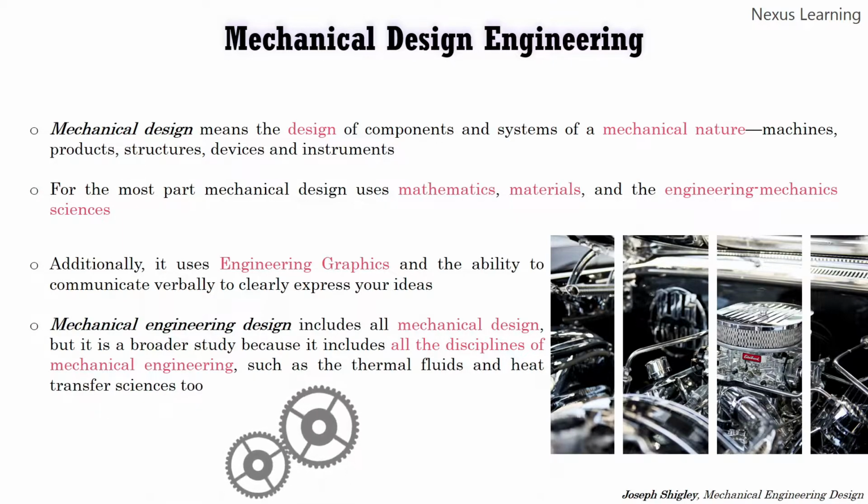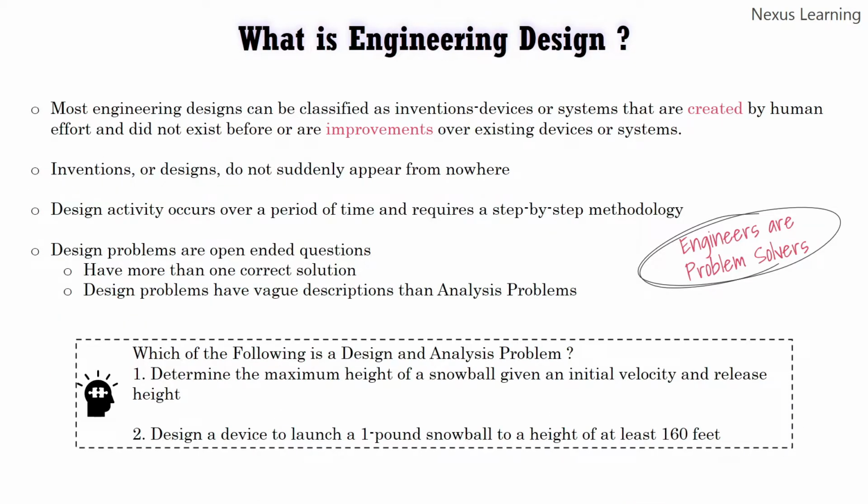When we talk about mechanical engineering design, we take all the things in mechanical design, but we also add thermal fluids, heat transfer science, finite element analysis, and all that. The combination of all of it is called mechanical engineering design.